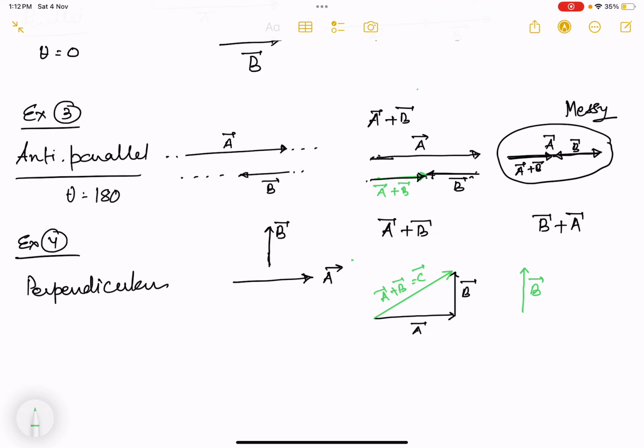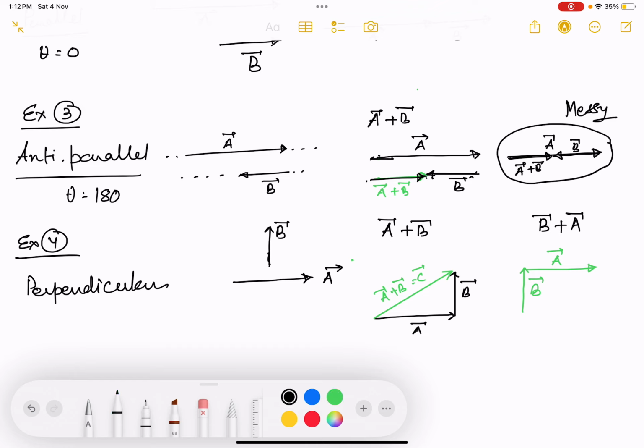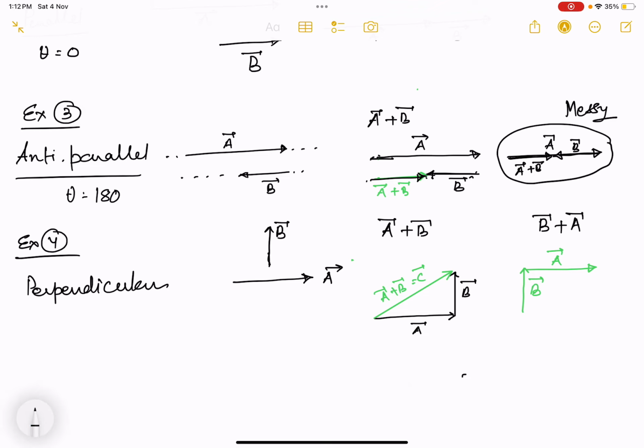We will keep A. तो हमने उसके हेड पे A रख लिया. तो अब हमारा सम कैसे होगा? B के टेल से A का हेड. हाँ, तो यहाँ से यहाँ बनेगा. This will be my B plus A.